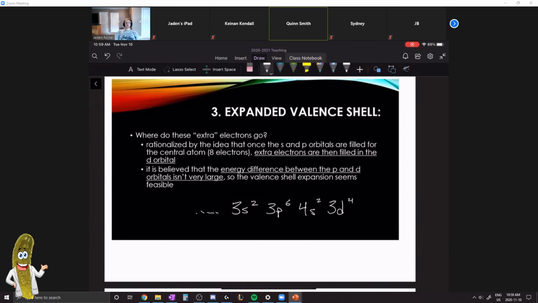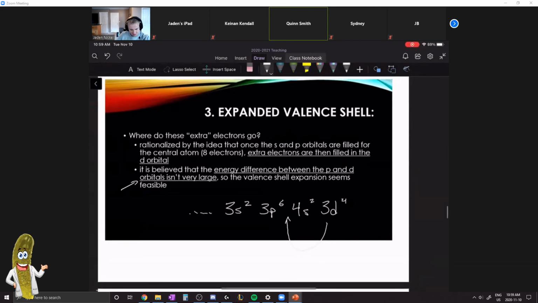The reason that some of your results on Google will have the 3d moved over into this location here, there is some kind of disagreement within the chemistry community about where that 3d needs to go. Some people say the 3d needs to be moved closer because of this statement right here, where the difference between the p and d orbitals isn't super large. So that's why you'll see sometimes that one moved in front of the s orbital.